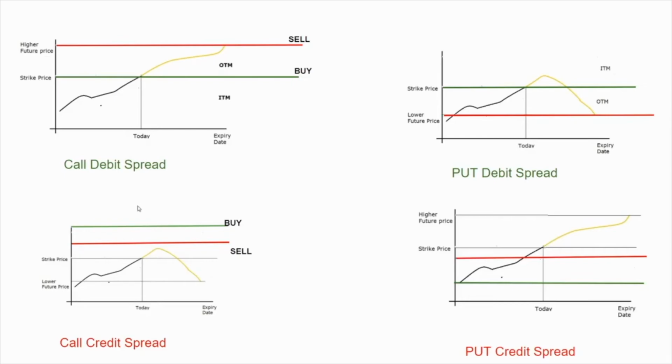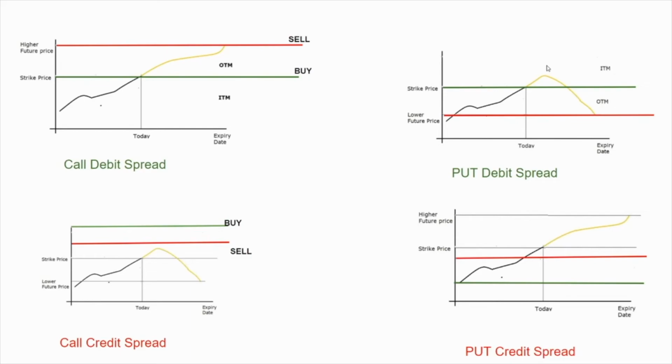And the way you get to keep the maximum, you get to gain by keeping the whole credit, is if the price does not get into the vertical and expires below the vertical, and we say the contract expires worthless, and you get to keep the full credit. The opposite on the put side.